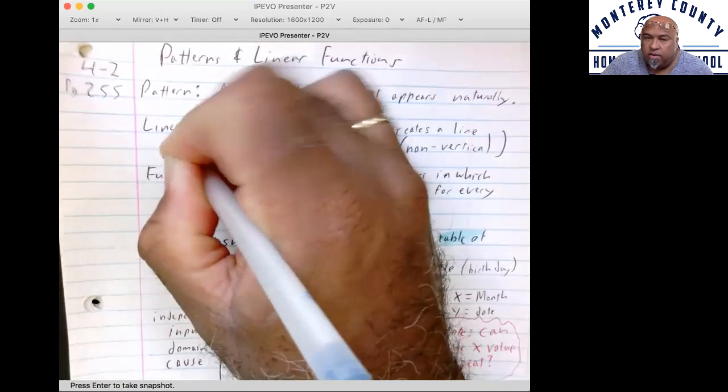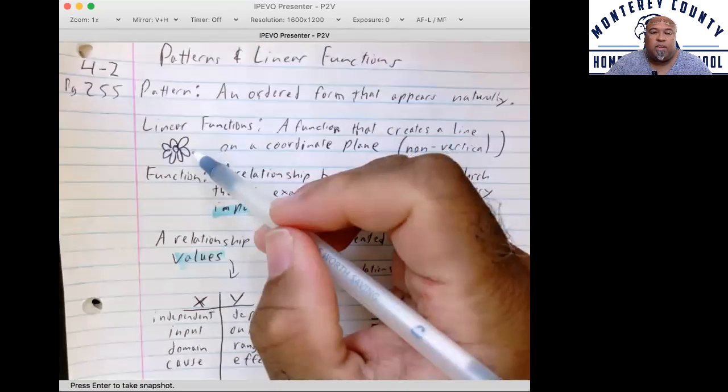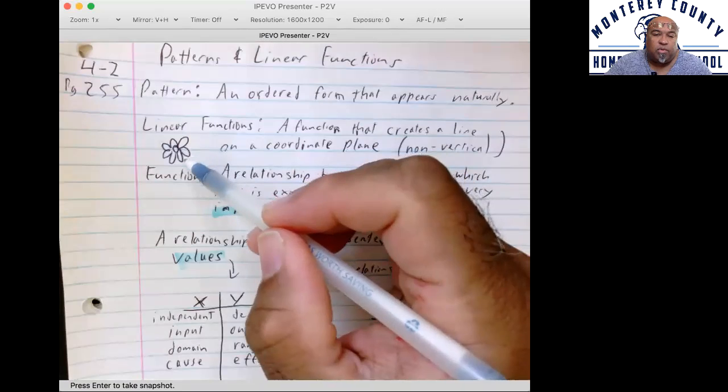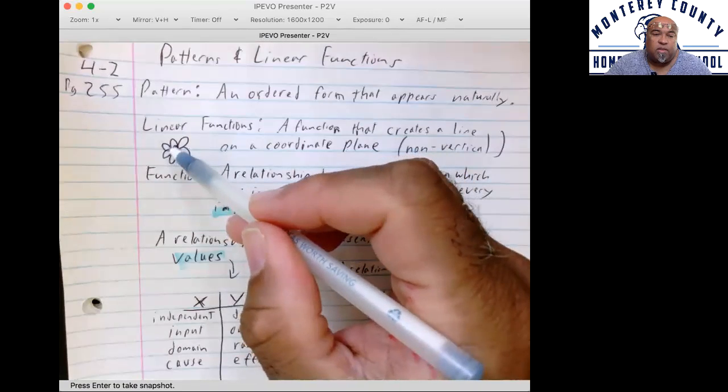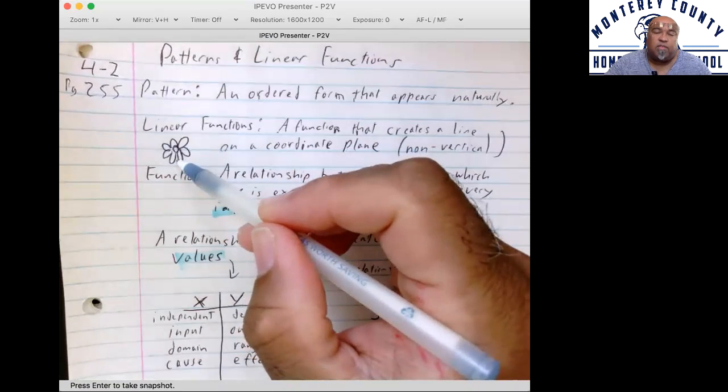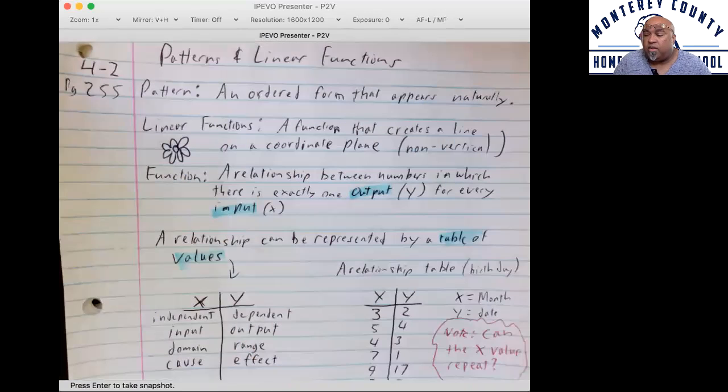Depending on what the flower is, it may always have the exact same number of petals. So here's a flower with 1, 2, 3, 4, 5, 6, no, 7. I apologize, there's 7 petals on this flower. Let's say that whatever flower this is, if it was a real flower, it always has 7 petals. That would be a pattern because it occurs naturally and it always happens to be that way.